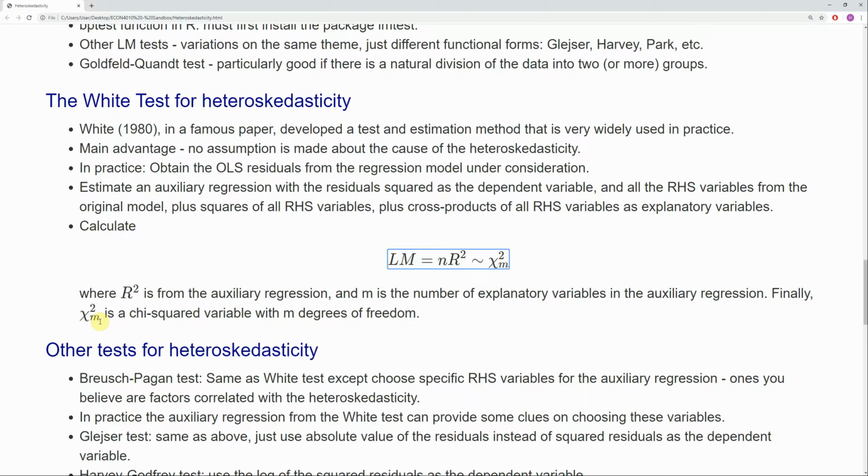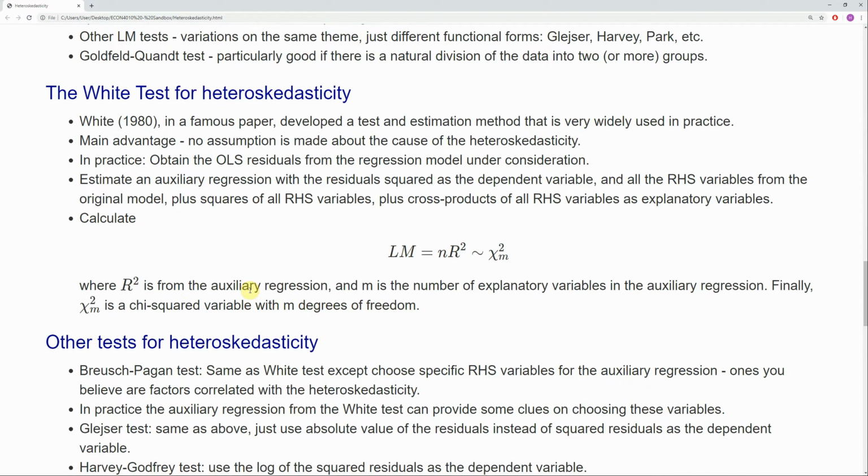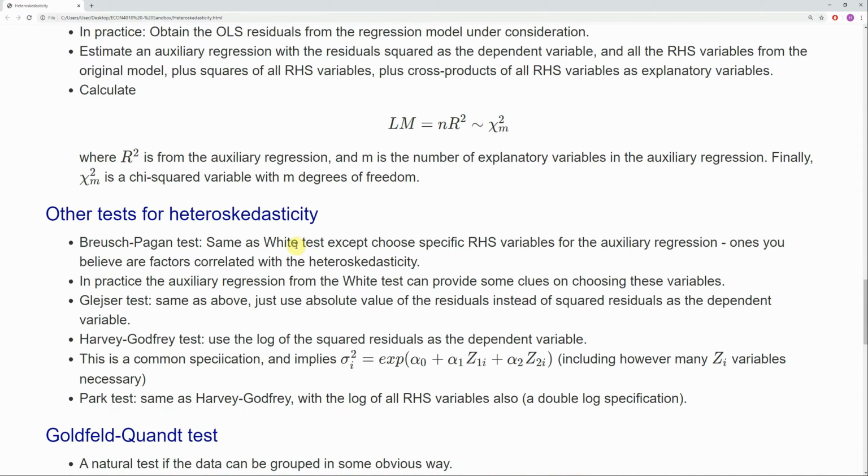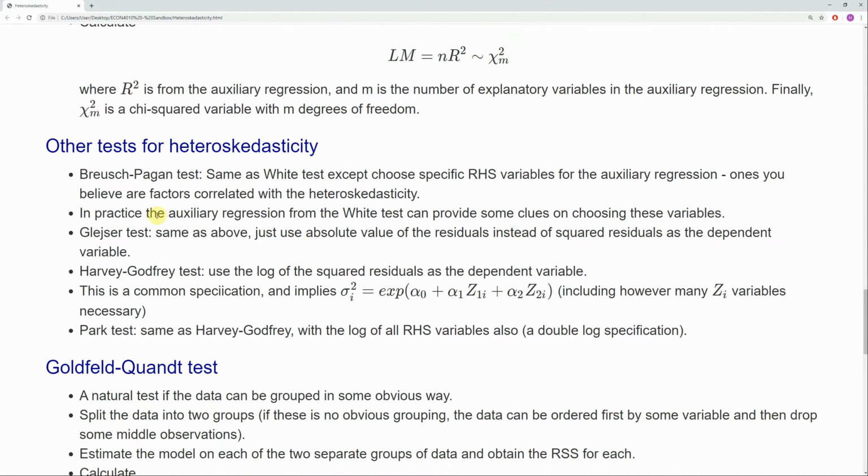If it gets a low p-value, then that means that okay, the relationship between the residual squared and the right-hand side is not zero. There is at least something on the right-hand side that is affecting the residual squared. So you have a case of heteroskedasticity. But if it gets a high p-value, then you don't have a case of heteroskedasticity.